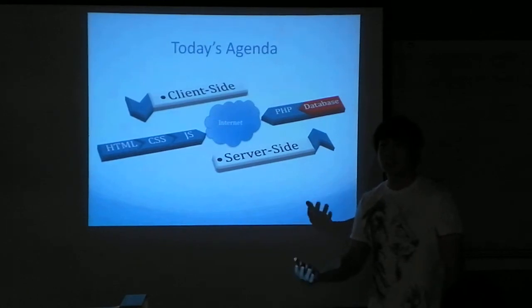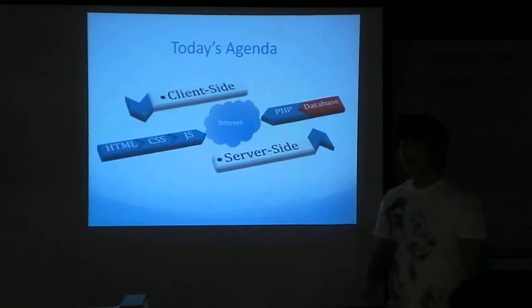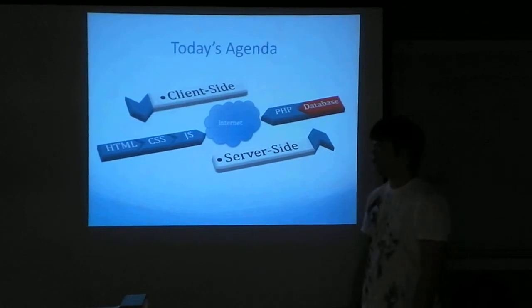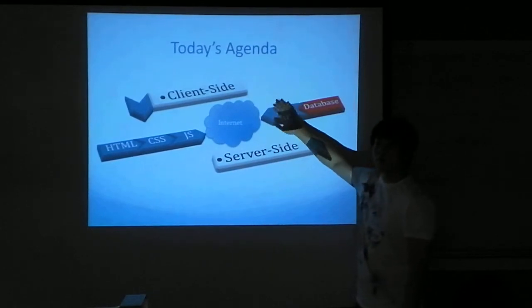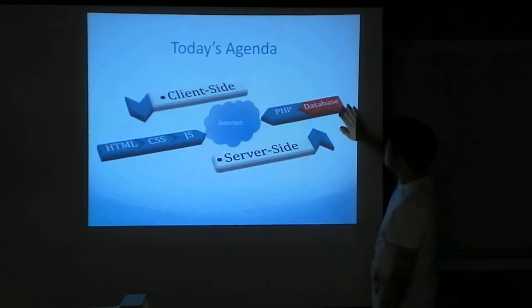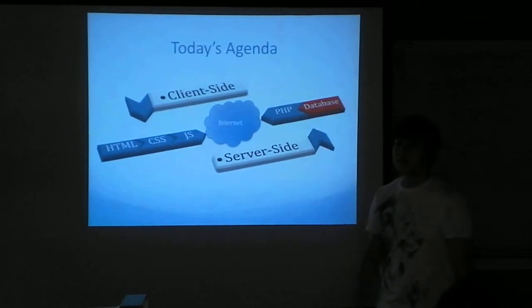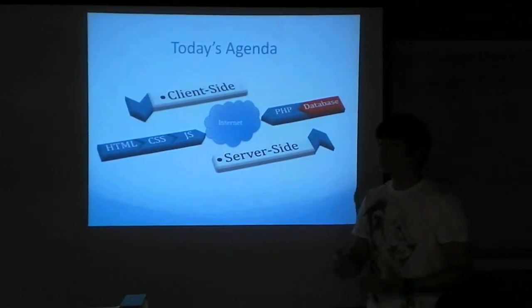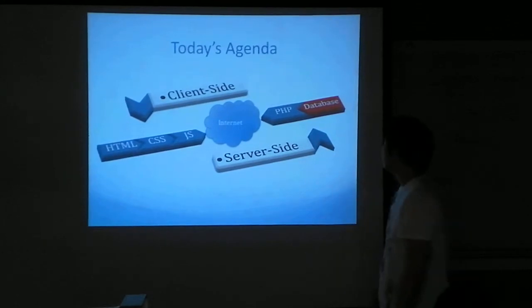For example, Twitter uses a web framework called Ruby on Rails, which basically takes the place of what PHP does. Google uses some other frameworks. There's a language called Python. Basically this section of the internet can be replaced by different types of technologies. PHP isn't the only technology. So today we're going to be talking about the stuff behind PHP, the information that gets stored into a database and that PHP interacts with and retrieves.